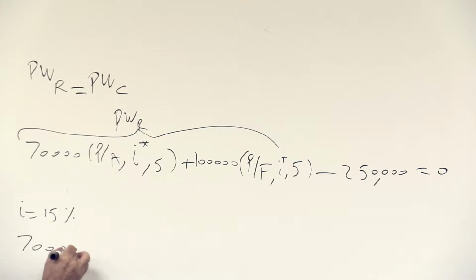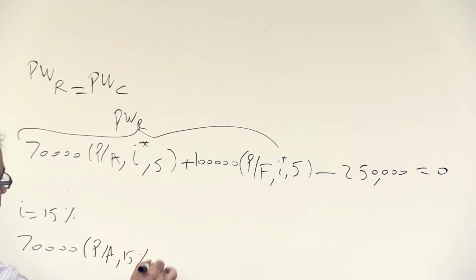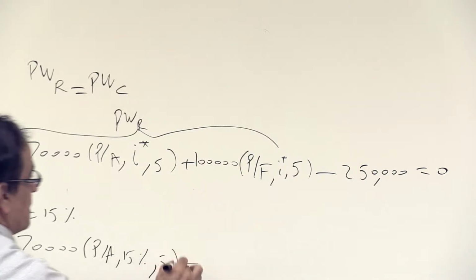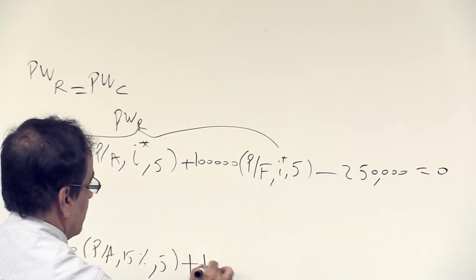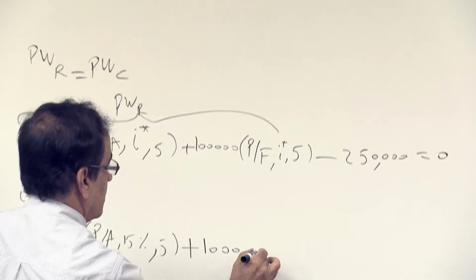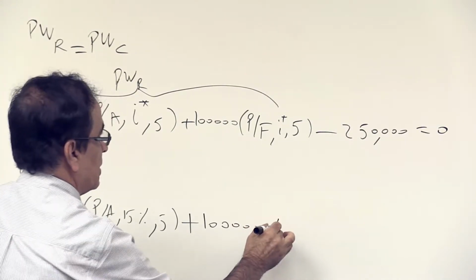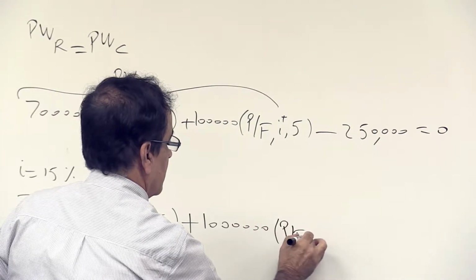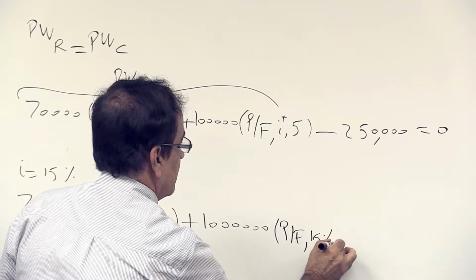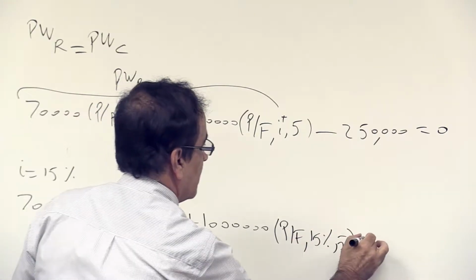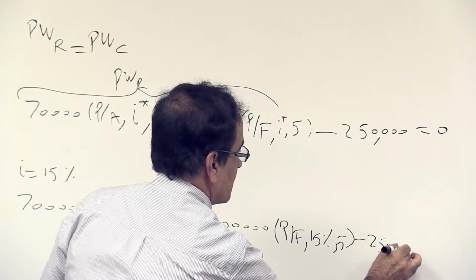And see what's going to happen. And 5 periods. So basically, just substitute for I. P given F, 15% and 5 periods, minus 250,000.